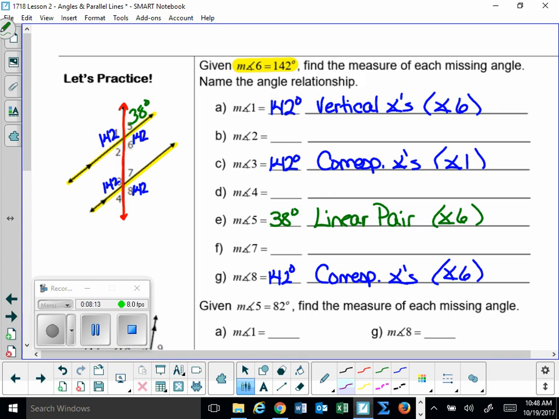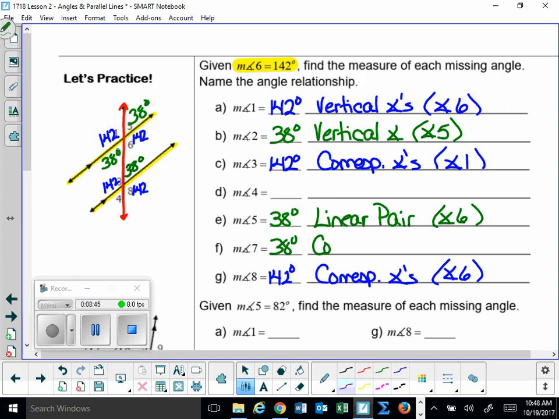And now I've opened up all kinds of possibilities, right? I could fill in angle 2, it's vertical. It's a vertical angle with angle 5. I could say it's a linear pair to angle 6 or to angle 1. Angle 7 has to be 38 degrees.